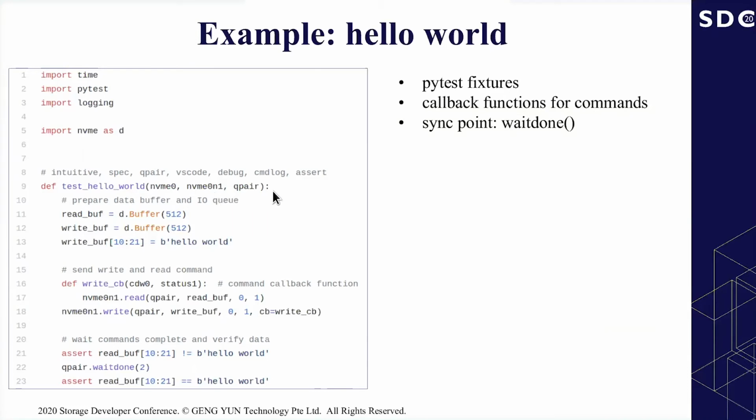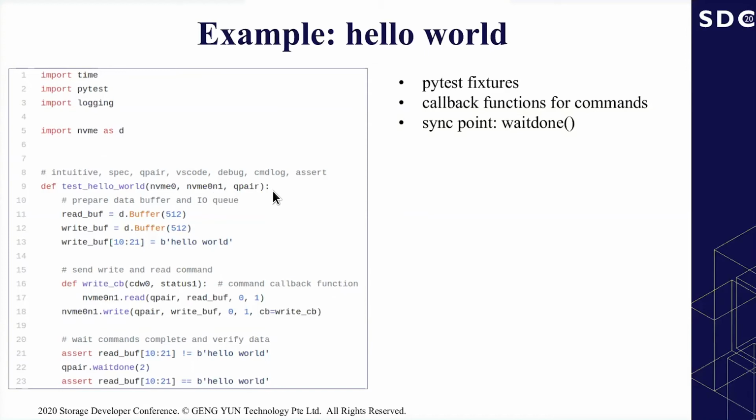In line 9, we can find some parameters: nvme0, nvme0n1, and qpair. They are so-called fixtures of PyTest. When PyTest runs this test function, it will run these fixtures first. So in these fixtures, we can define resource initialization work for the tests.